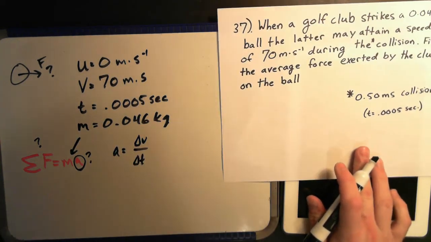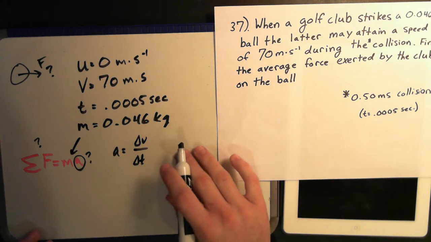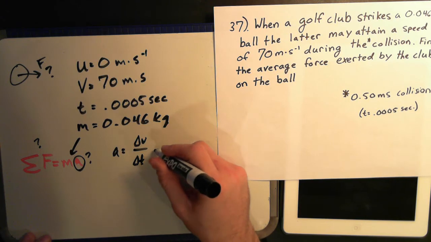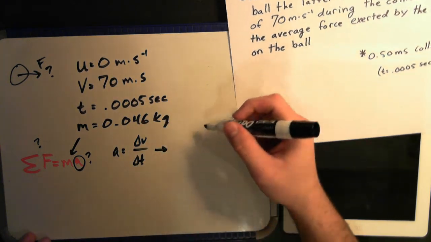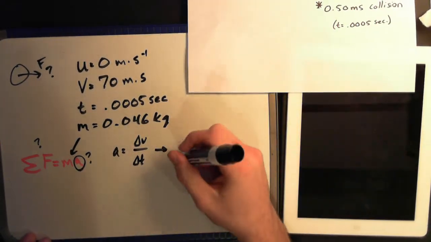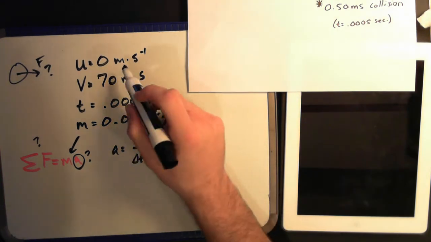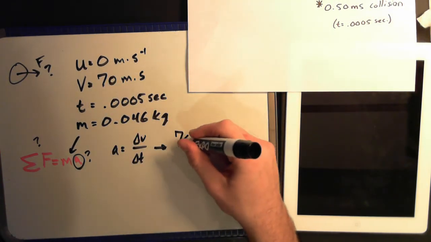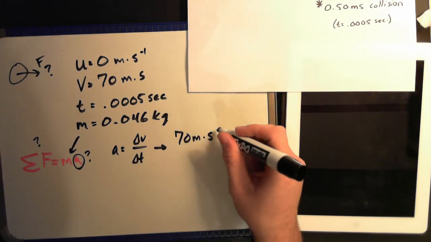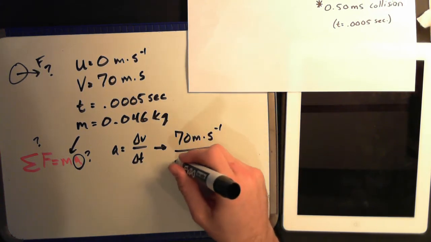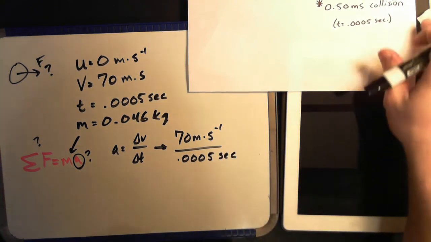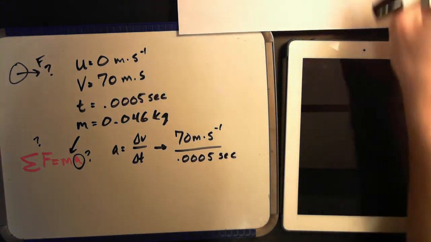Since t is always 0 at the beginning, we can just say that delta t equals this number. In our equation, since the change between 0 and 70 is 70, we can put 70 meters per second over 0.0005 seconds. And let's pull up our calculator.